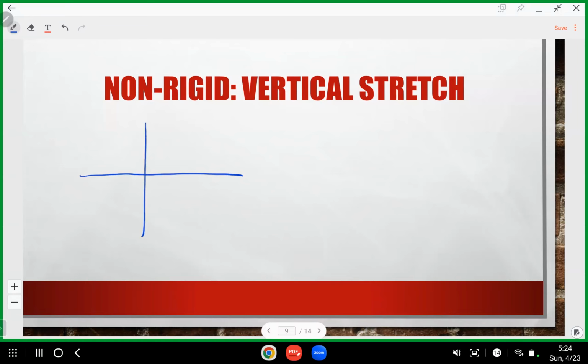Okay, so the non-rigid vertical stretch, basically, it's going to be f of x times c on the outside. And again, we are directly affecting the y here, meaning that it's very intuitive. When c is greater than 1, you're going to be stretching. When c is less than 1, you're going to be compressing. So let's just write that down.